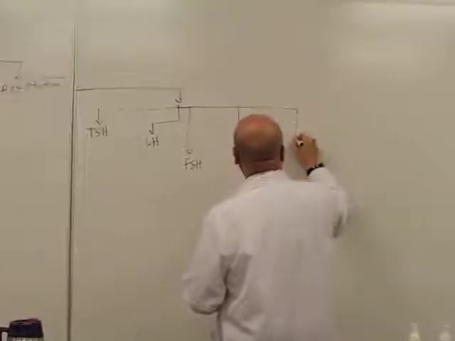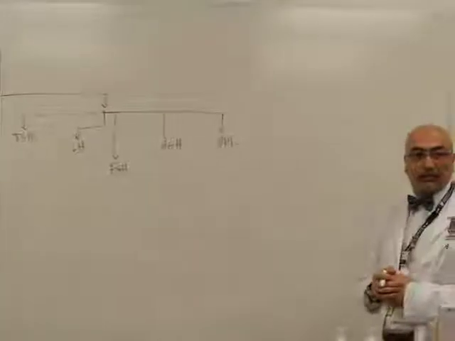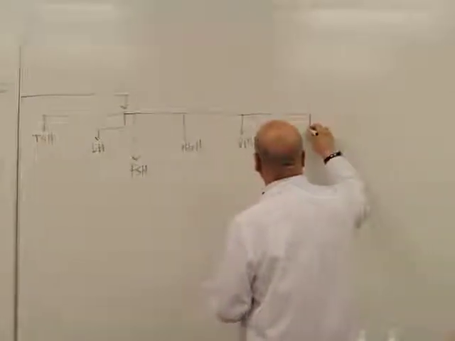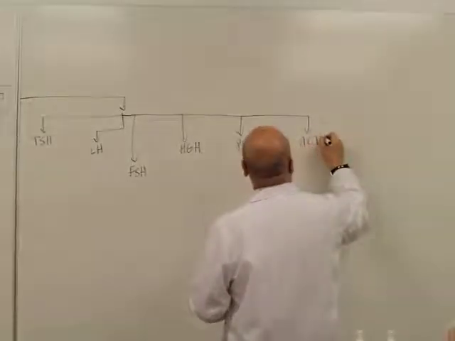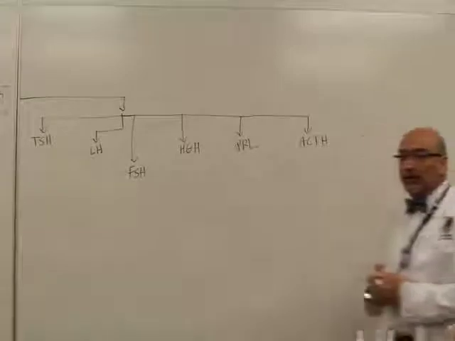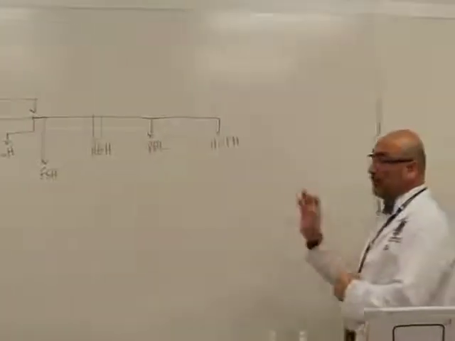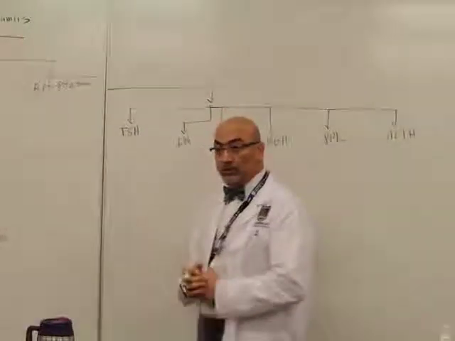We get to have prolactin. Also, very important hormone, adrenocorticotropic hormone, ACTH. So these are the major hormones coming from anterior pituitary.